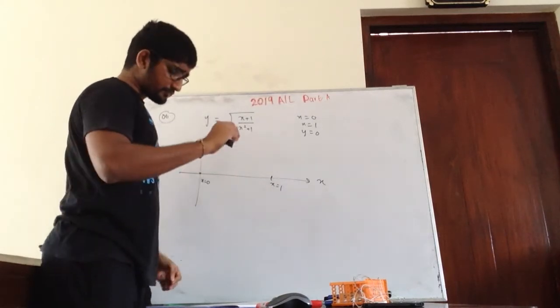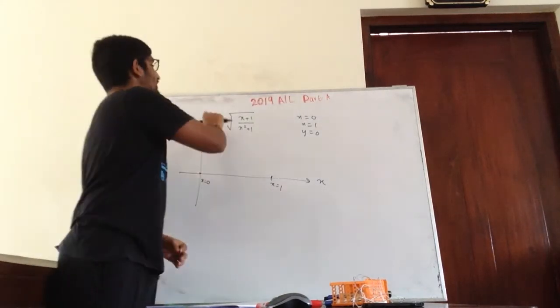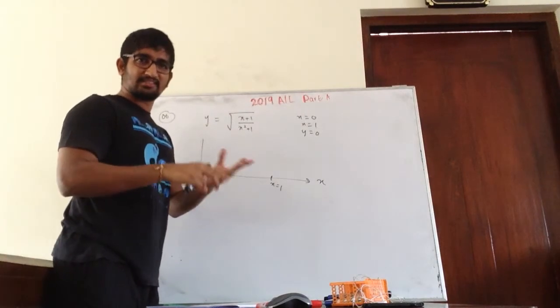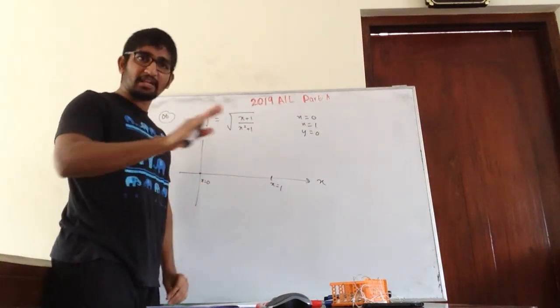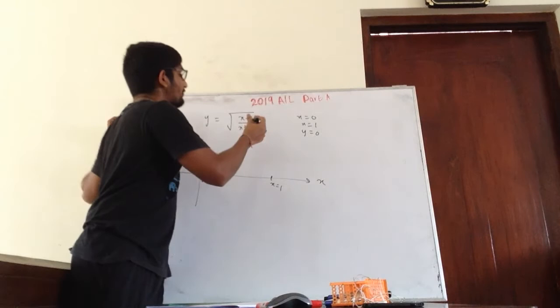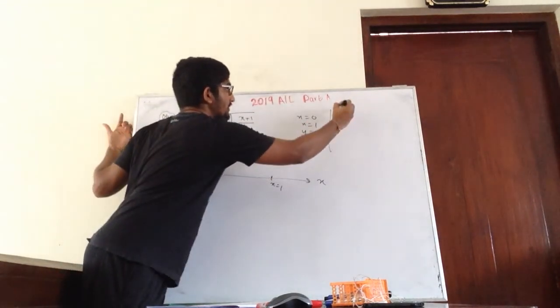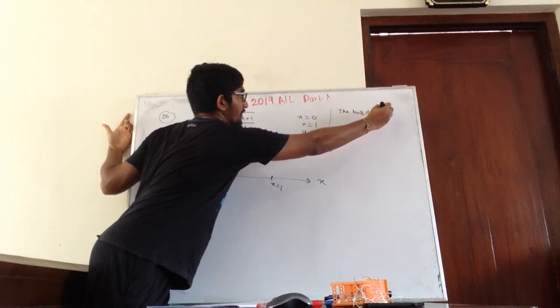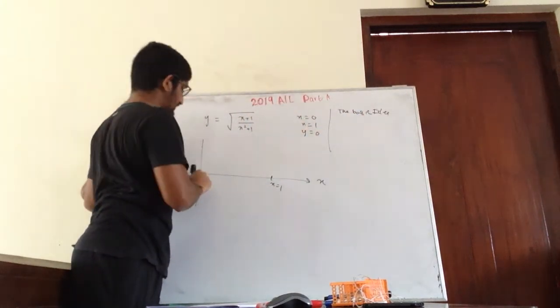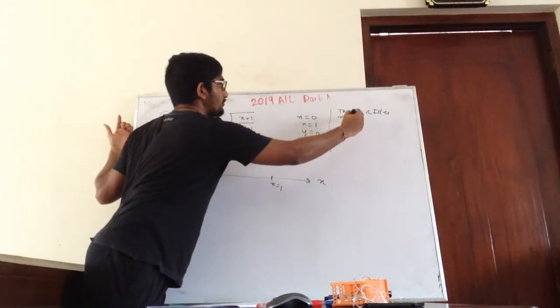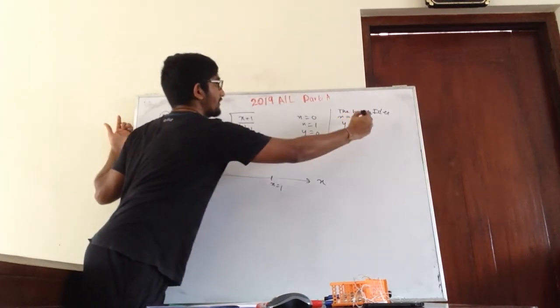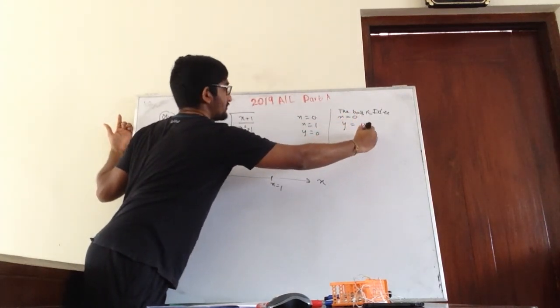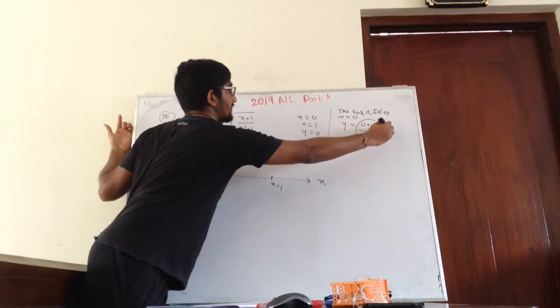Right? So now first of all we need to have a basic idea of the shape of the curve. Actually a very basic idea. So what I am going to do is I am going to check at x equals 0 what's the value. Then I will get what? 0 plus 1, 0 plus 1 square root that is 1.